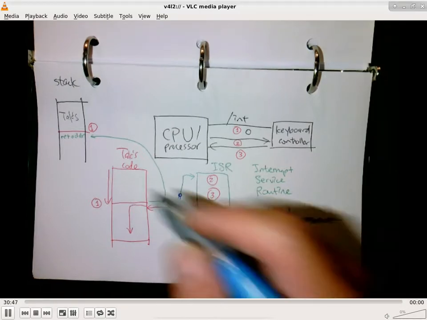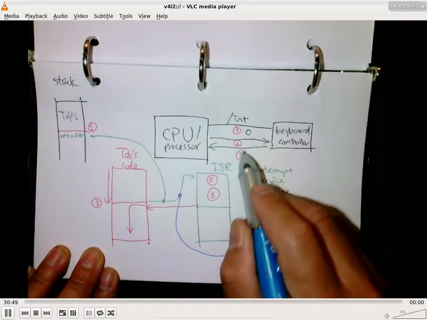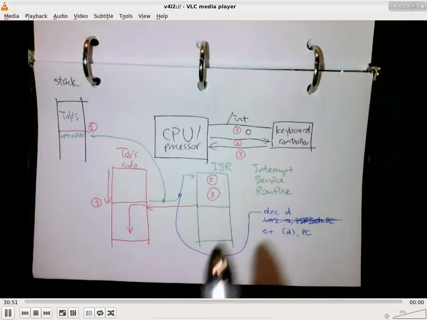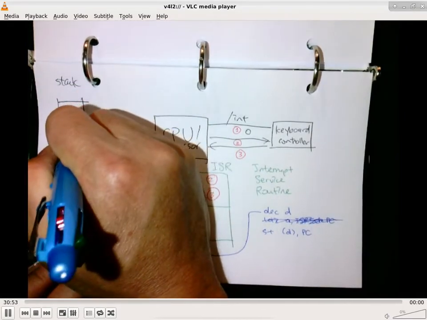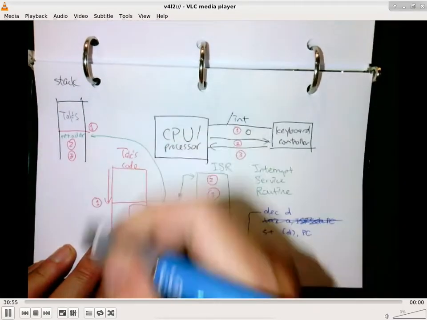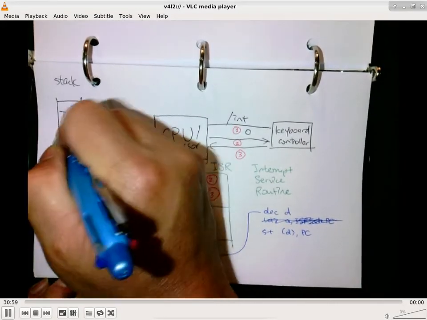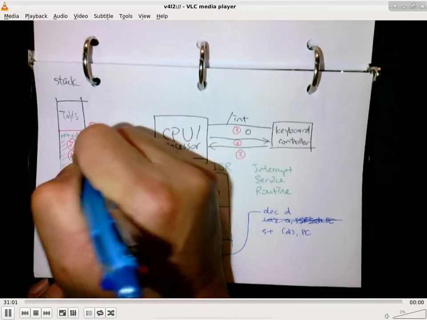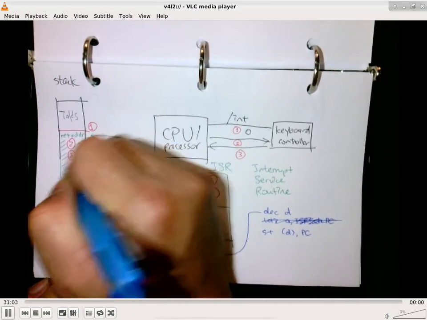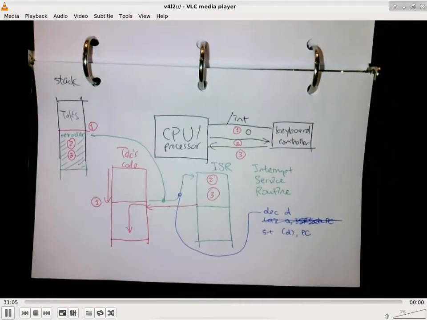Then whatever it has to do with 2 and 3, it can now consume additional stuff on the stack. In other words, when the ISR executes, it can consume an undisclosed amount of stack, and I have no idea exactly how much. So that entire green area on the stack is now overwritten by the ISR.